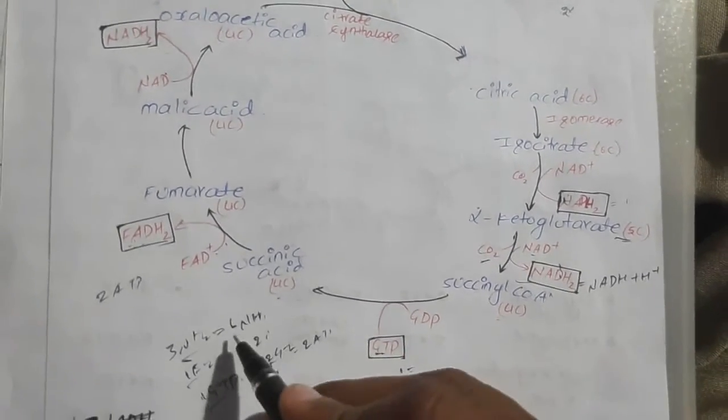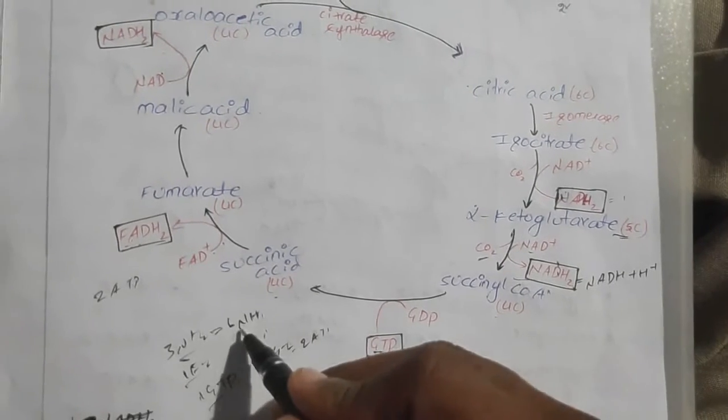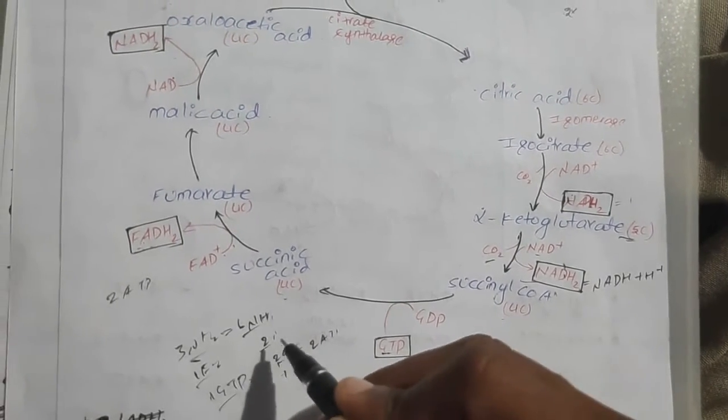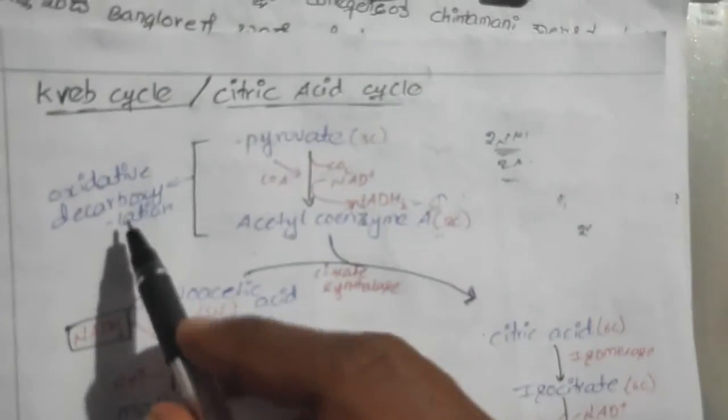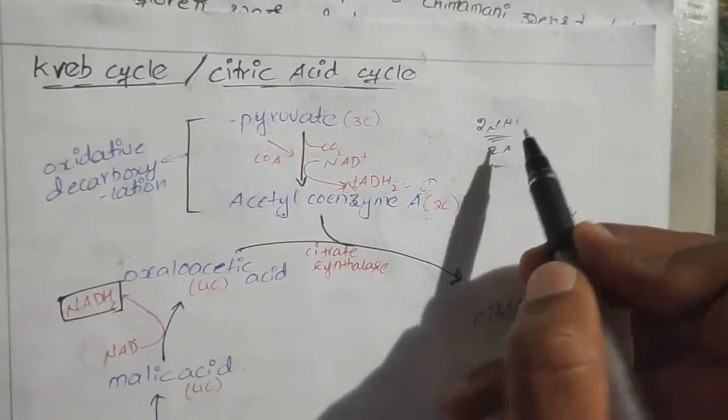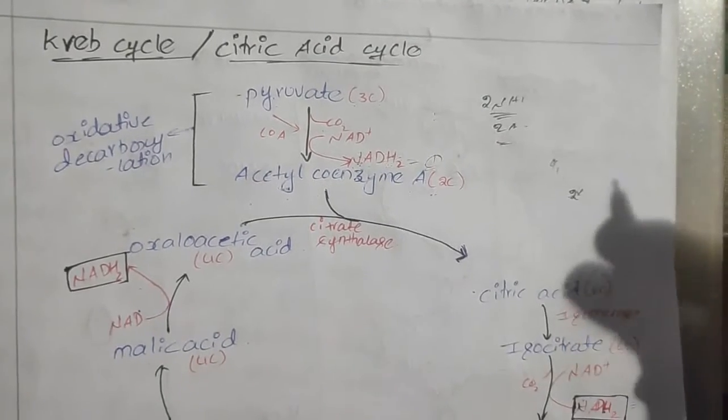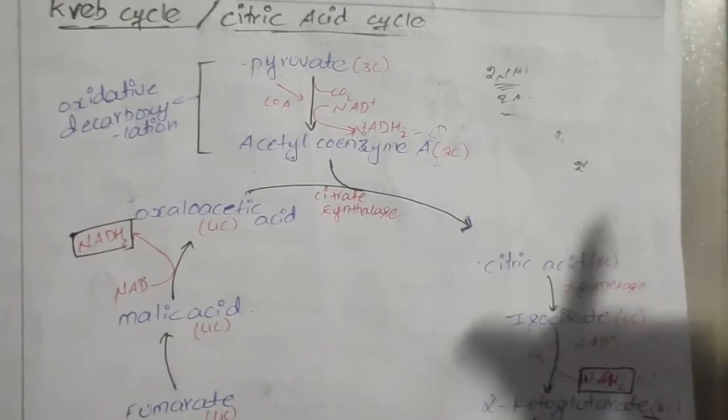We should remember this. After completion of the Krebs cycle we are getting 6 molecules of NADH2, 2 molecules of FADH2 and 2 GTP. In oxidative decarboxylation we are getting 2 molecules of NADH2, and in glycolysis we are getting 2 molecules of NADH2 and 2 molecules of ATP.